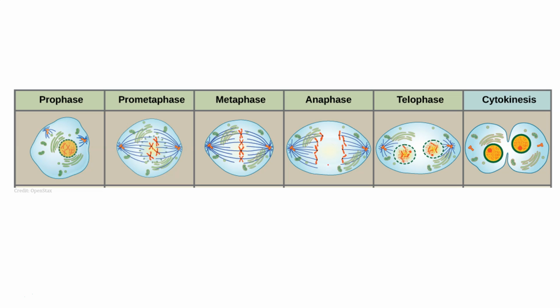And then once they're all in the middle, we enter anaphase. And in anaphase, the sister chromatids are pulled apart. Once the sister chromatids arrive at opposite sides of the cell, a new nuclear envelope forms around them.